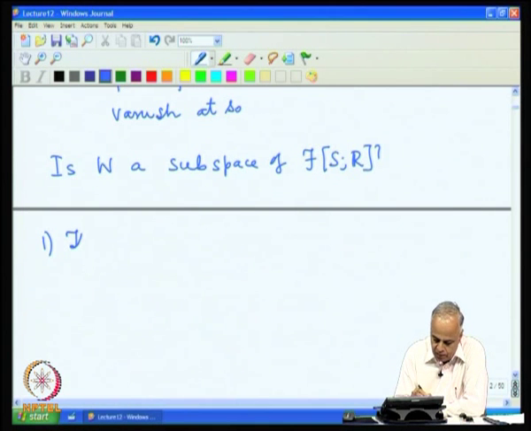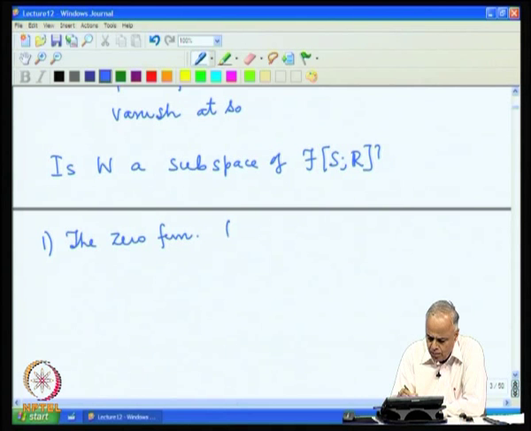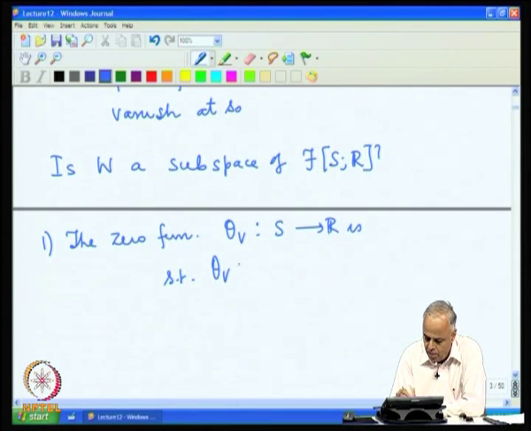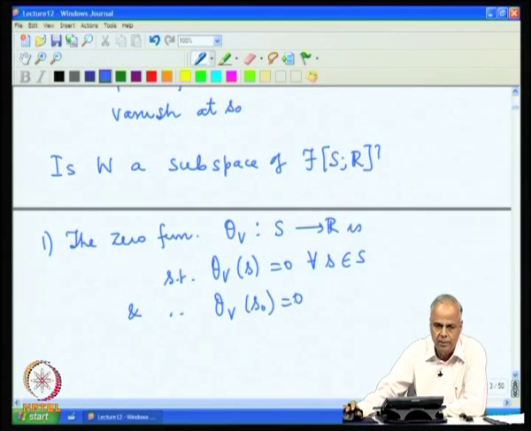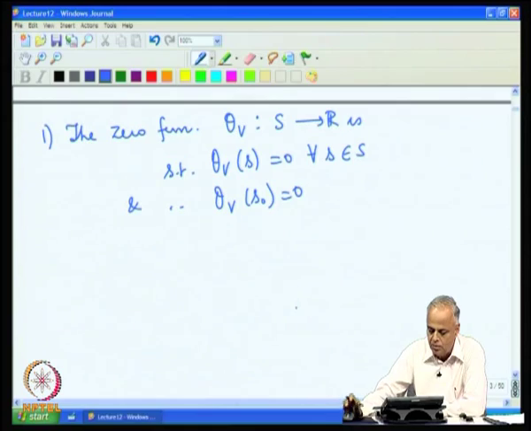So, the 0 function, which we will denote by theta v, maps S to R such that theta v of S is 0 for every S in S, and therefore, theta v of S naught is 0.